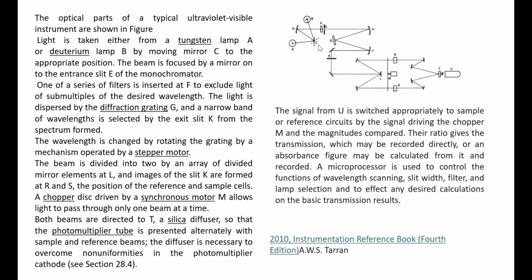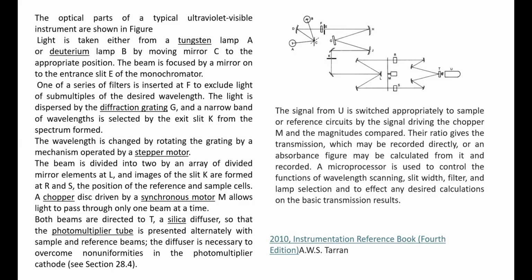So this is the optical system. You have a mirror at an appropriate position. The light originating from the light source will fall onto the mirror. The beam is focused by the mirror on the entrance slit, because when the light source is put on, a huge amount of light is delivered. We don't want that much light.